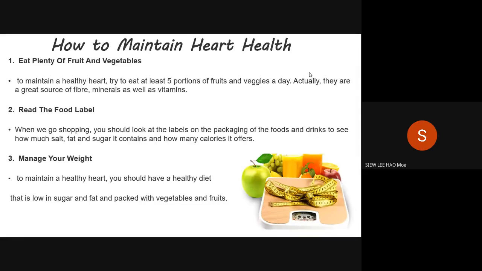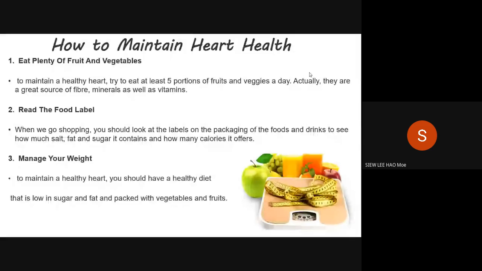How to maintain a healthy heart? First, eat plenty of fruit and vegetables. To maintain a healthy heart, try to eat at least 5 portions of fruit and veggies a day. Actually, they are a great source of fiber, minerals, as well as vitamins. Second, read the food label.